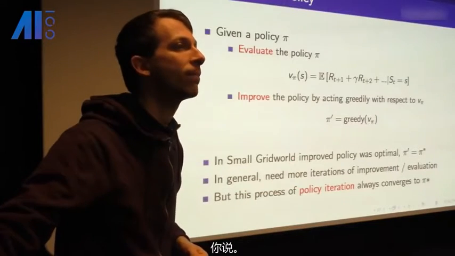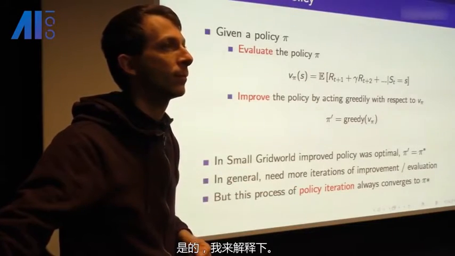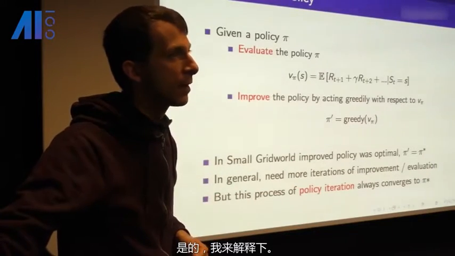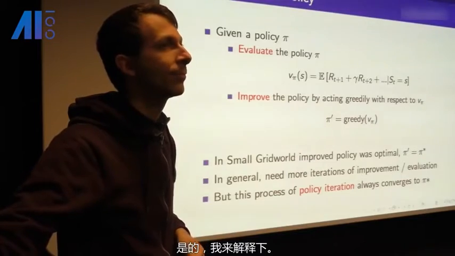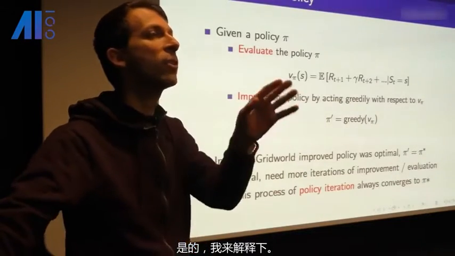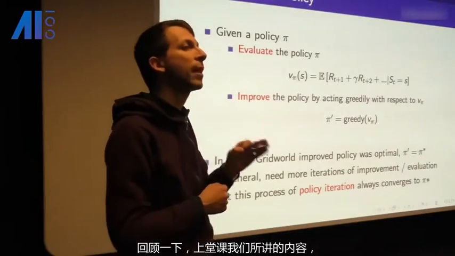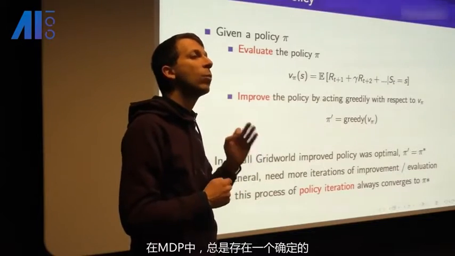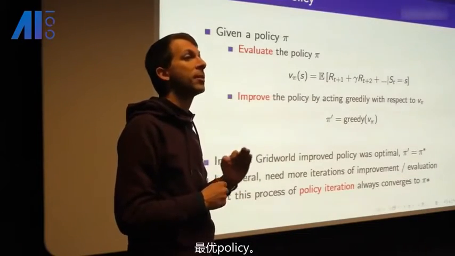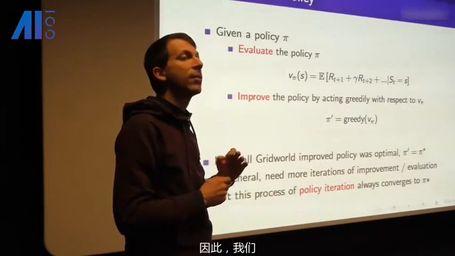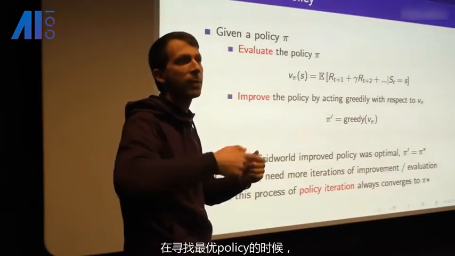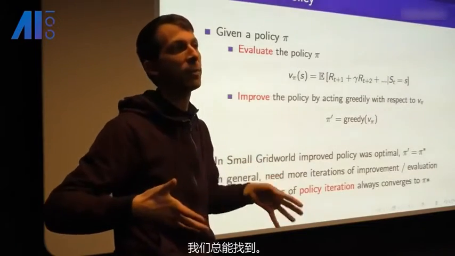Yeah, questions? When you improve the policy, then isn't it deterministic once you...? Yes. So recall from the last lecture that there is always at least one deterministic optimal policy for any MDP. So it's sufficient to search over deterministic policies only when you're looking for the optimal policy.